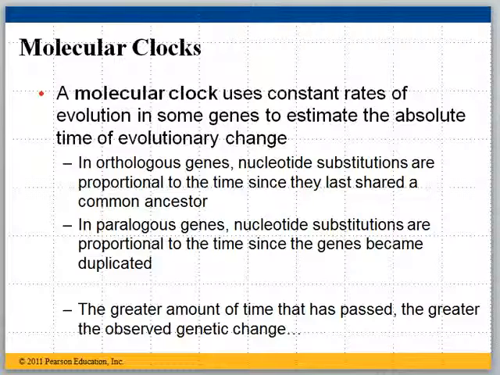So the greater amount of time that has passed, the greater the observed genetic change in these particular genes. So it's a comparative tool: the more changes that are present, that generally means the longer the time period that has gone by.